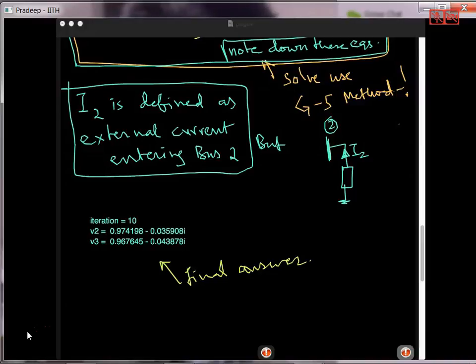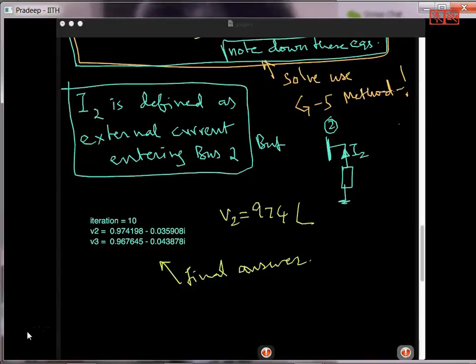So the absolute value of V2 and angle of V2. Similarly, I'll print the absolute value of V3 and angle of V3. So this is equal to 0.974 angle, just give me a minute.